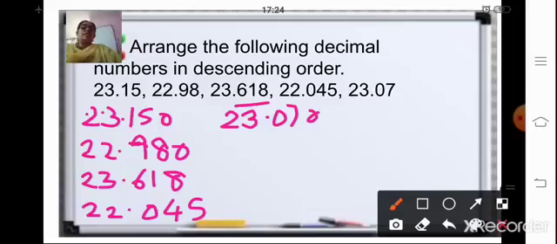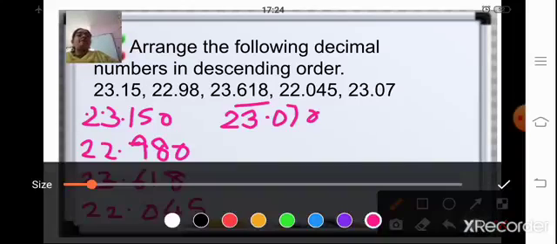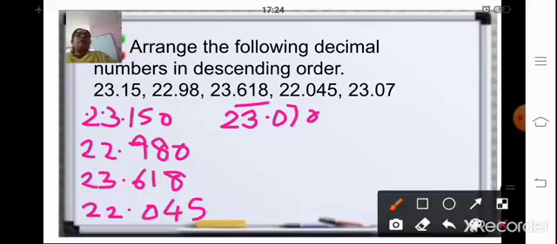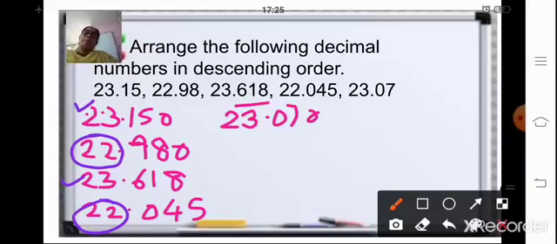So first let us start with the integral part. Now here, the first number is 23, second number is 22, third number 23, and fourth 22. Two numbers have 22 and the other decimal numbers have 23 as the integral part.